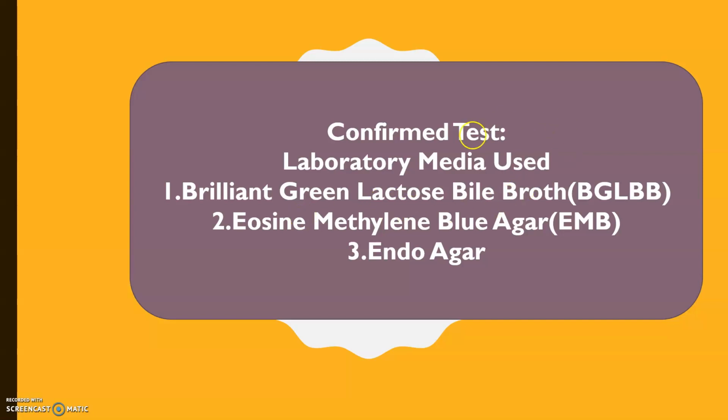Pyruvic acid then undergoes mixed acid fermentation to produce different organic acids and gases like CO2 and H2. This contains the dyes eosin and methylene blue, which support the growth of various gram-negative bacteria.